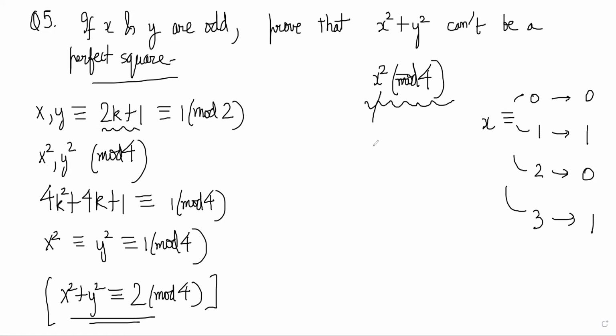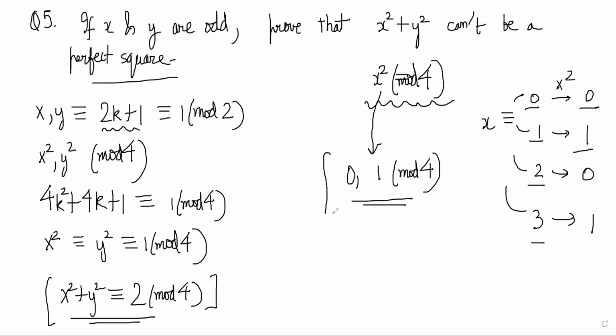So quadratic residues mod 4 are only going to be 0 or 1, right? No matter what number you take, x could be 0, 1, 2, or 3 mod 4. X square is 0 or 1 mod 4, right?